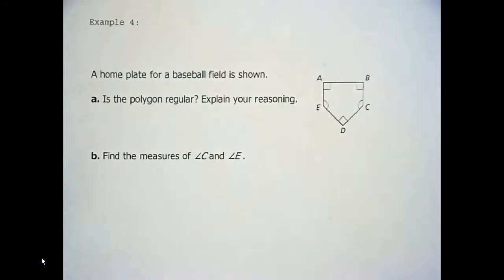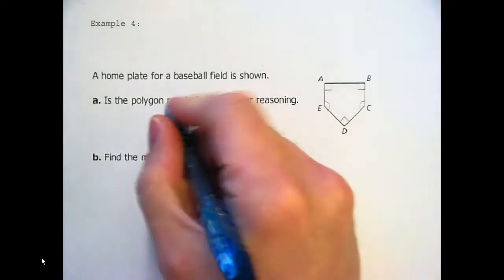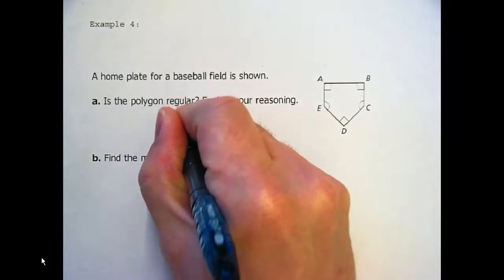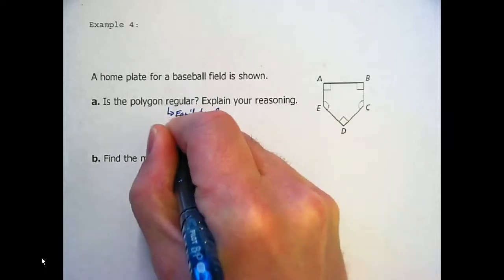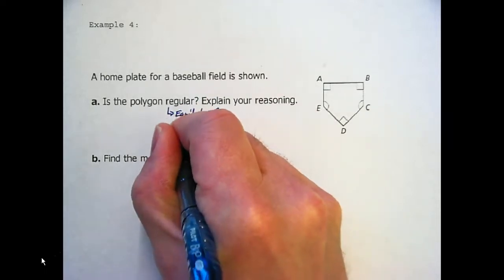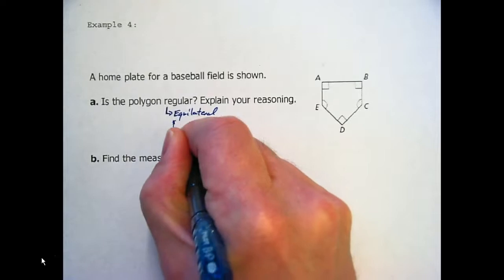Okay, I keep getting the same question. How do you know if something's regular? If its polygon's regular? Yes, regular means it is equilateral and equiangular.